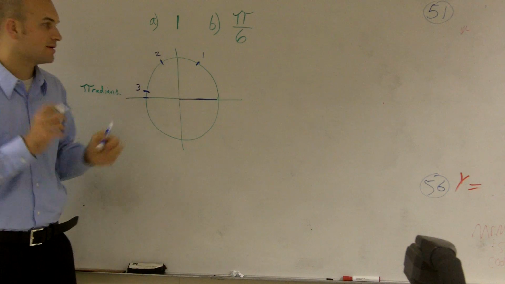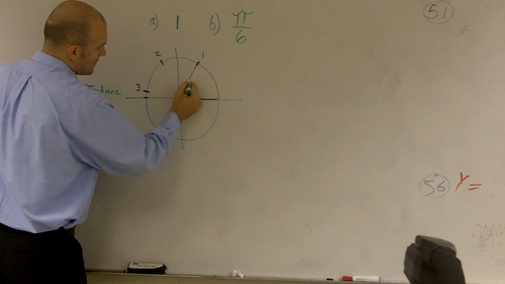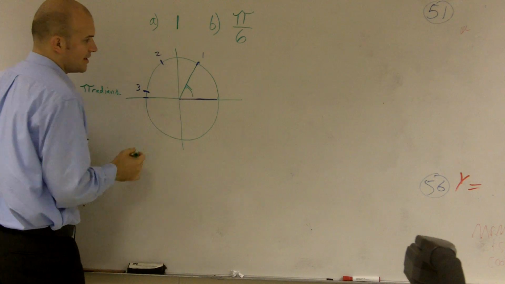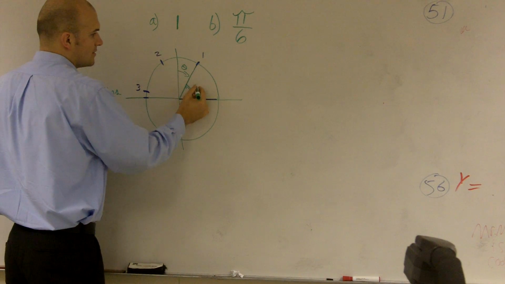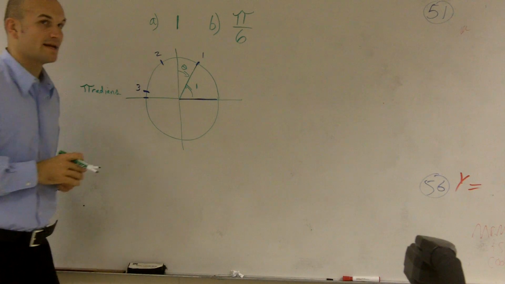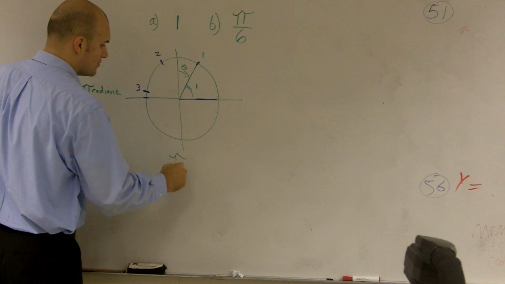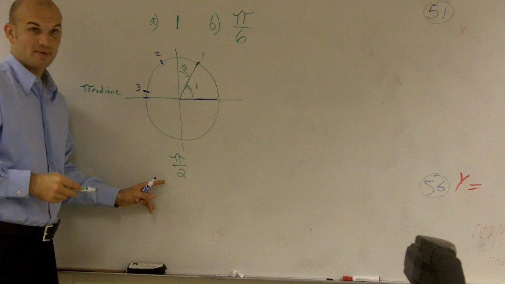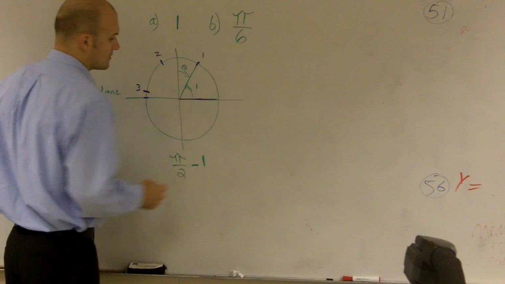So if I say, remember, if I say find the complement, what we need to do is we have this angle from here to here. So to find the complement, we need to find this angle right there. So that's 1 radian. We need to figure out what that is. And then remember our formula. To find the complement, we just do pi over 2, which represented 90 degrees, minus 1.